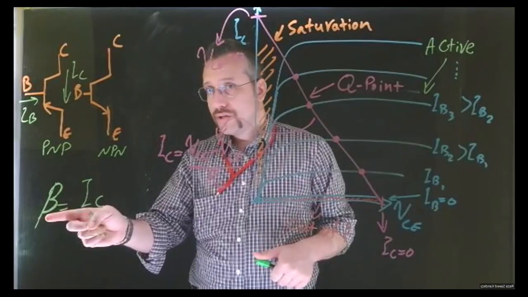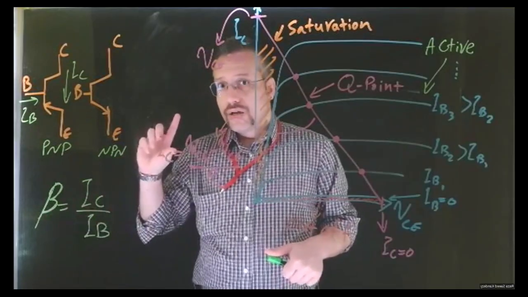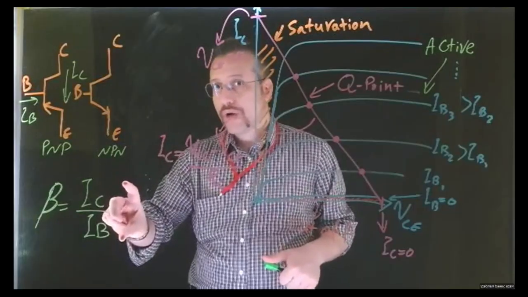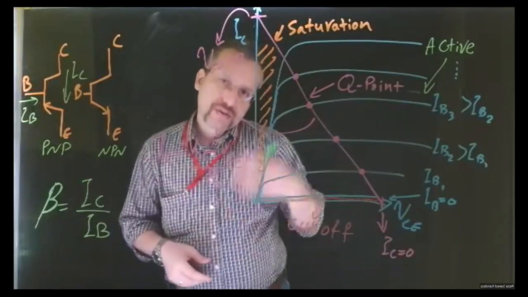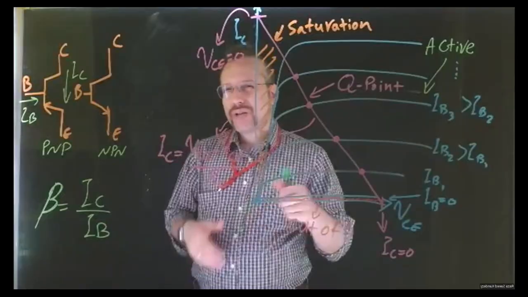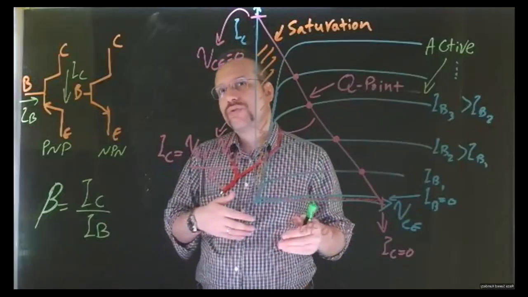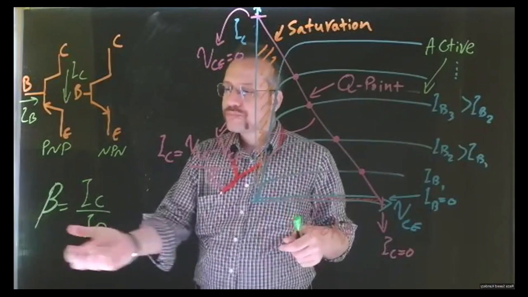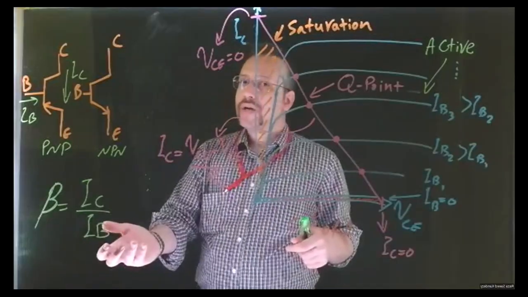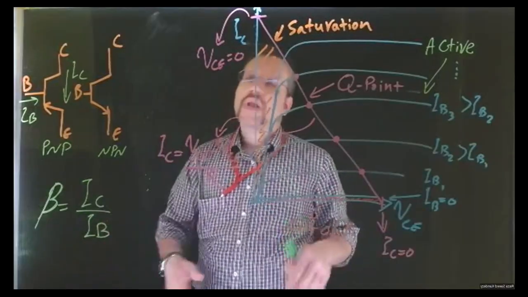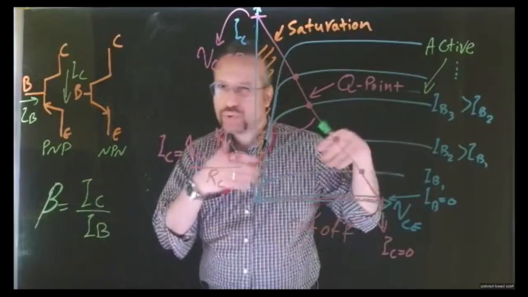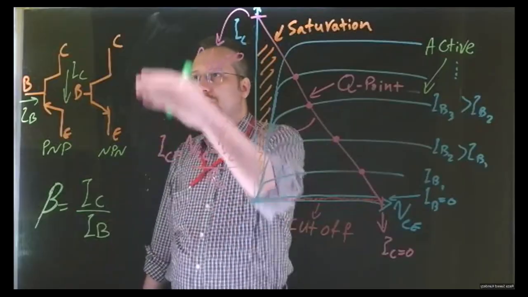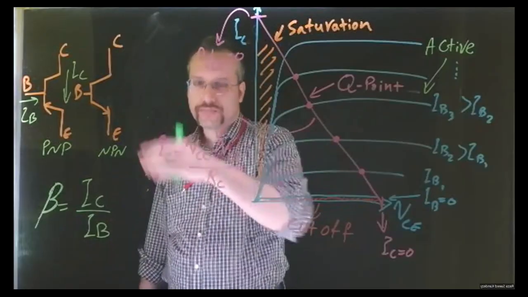That beta is the gain of amplification, basically, between these two currents. Normally, for the model that we are going to use, this beta is somewhere between 100 to 300. So that means whatever current you inject into the base, 100 times up to 300 times of that would be the current going through collector to emitter or vice versa.